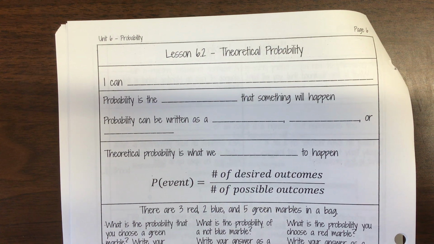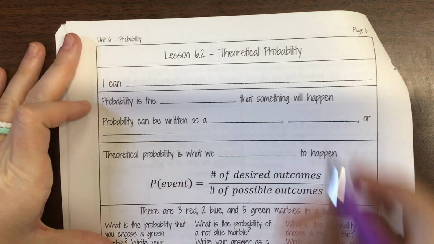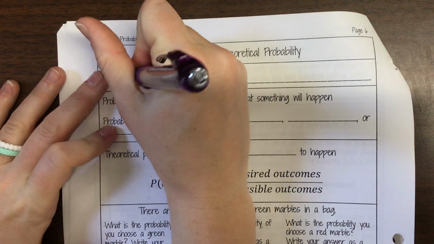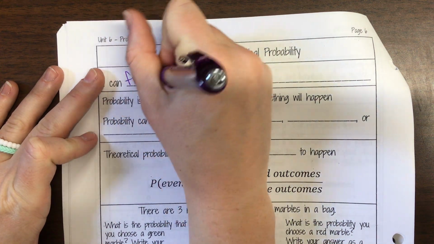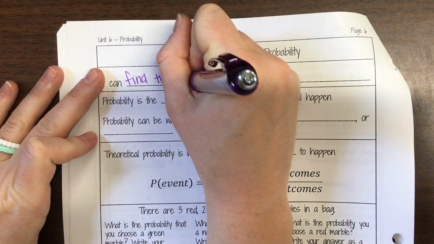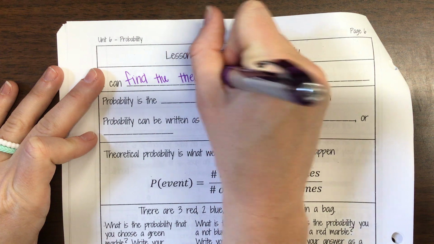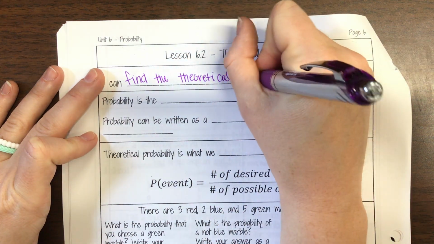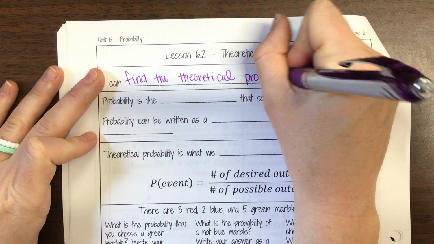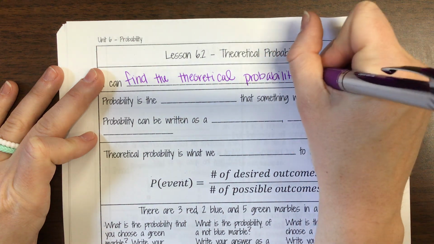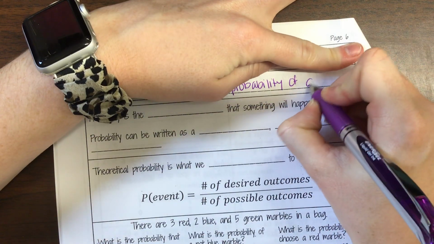And we'll get started. So we're going to be talking about theoretical probability. And a theory is just like something you expect to happen. So we're going to say that I can find the theoretical probability of an event.